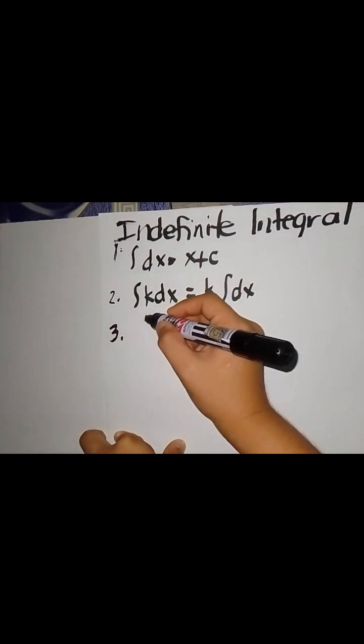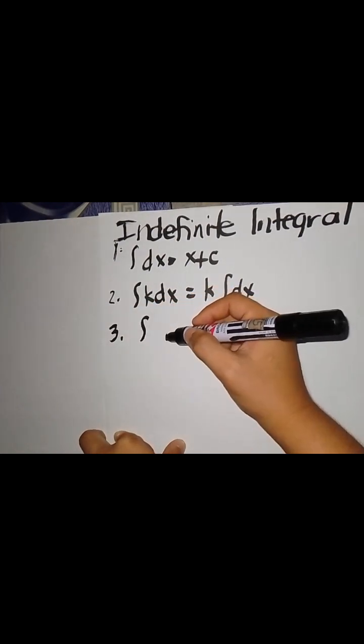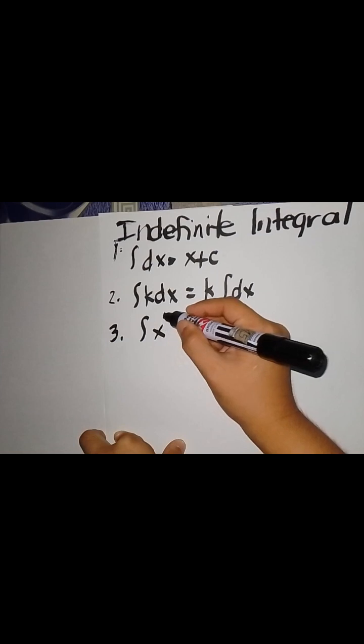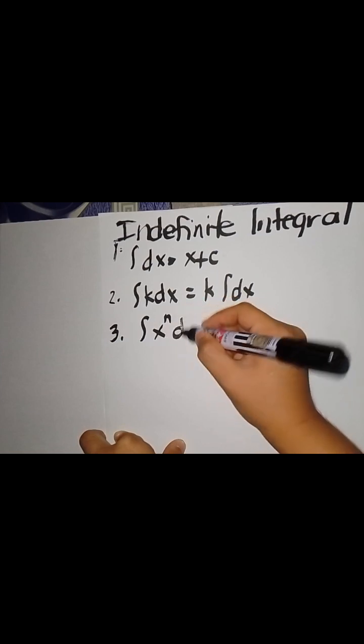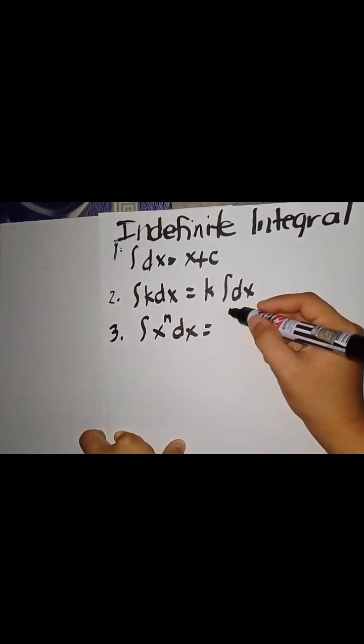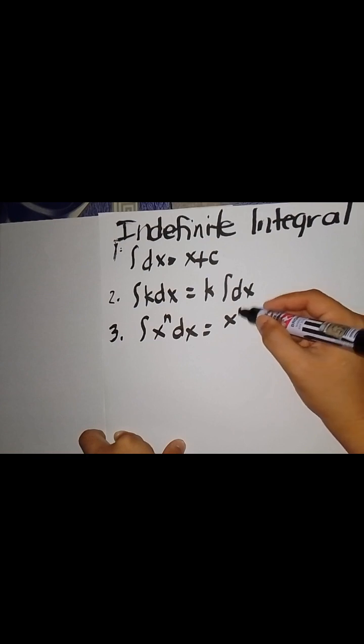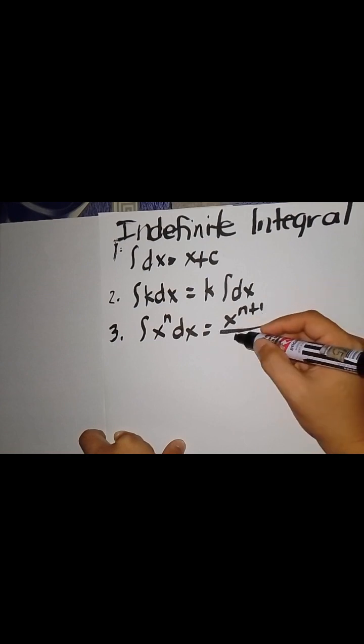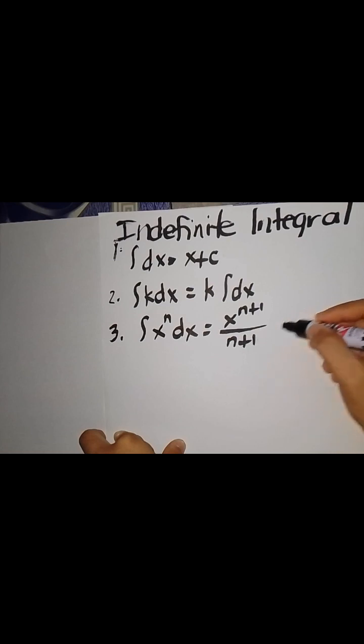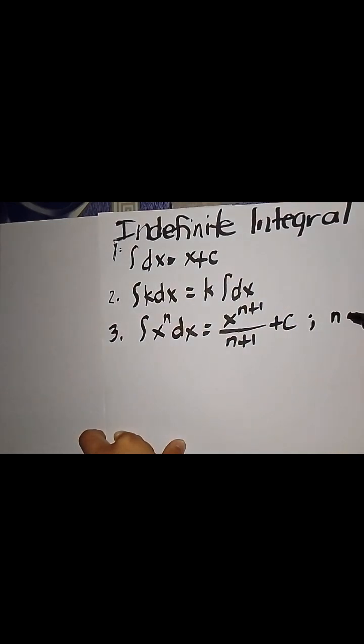And the third property is the integral of x raised to n times dx is equal to x raised to n plus 1 all over n plus 1 plus c, where n is not equal to negative 1.